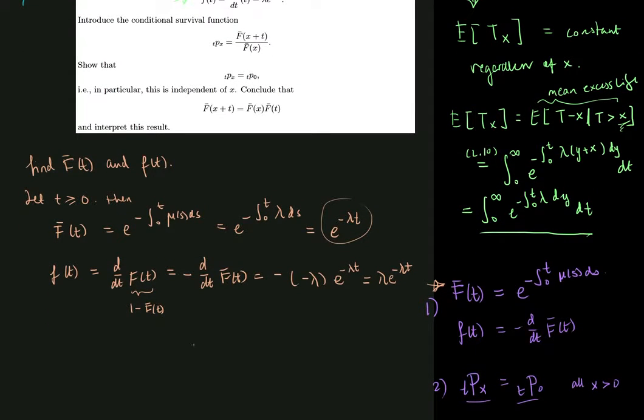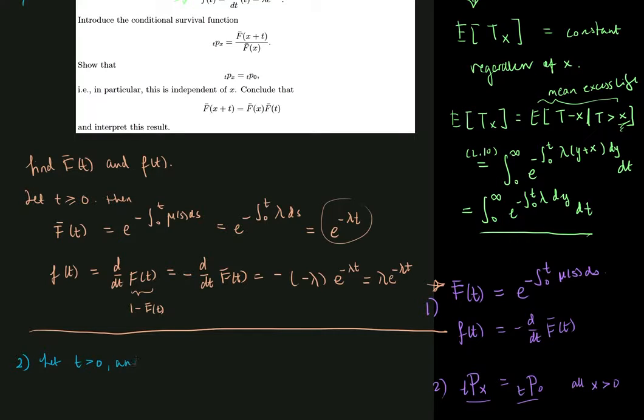Well done. Now we want to do part 2, showing that the conditional survival function does not depend on x. So what we do is we say, well, let t be greater than 0, right?